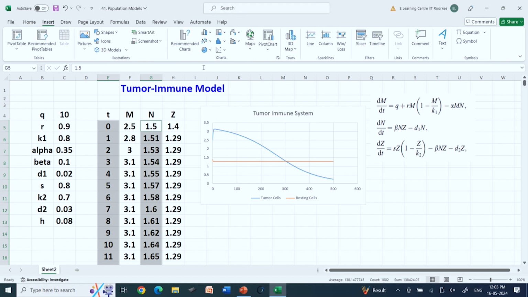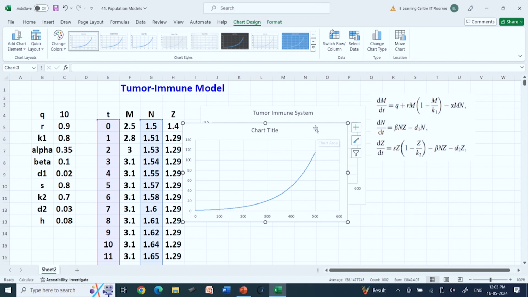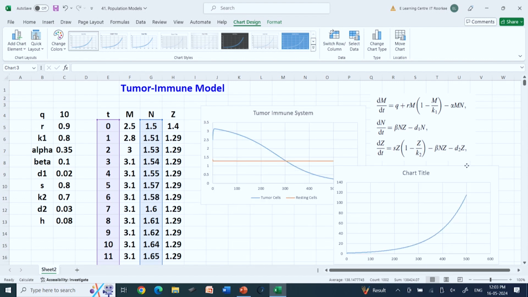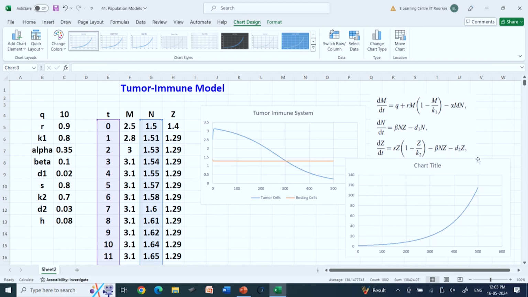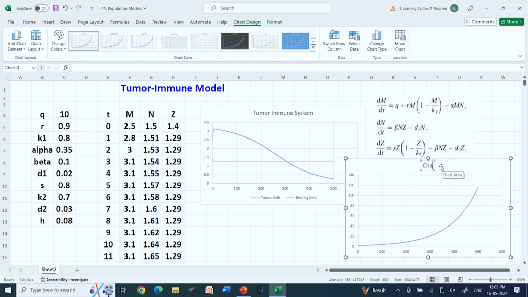So, you go to insert, go to this. So, as you can see, tumor immune system.